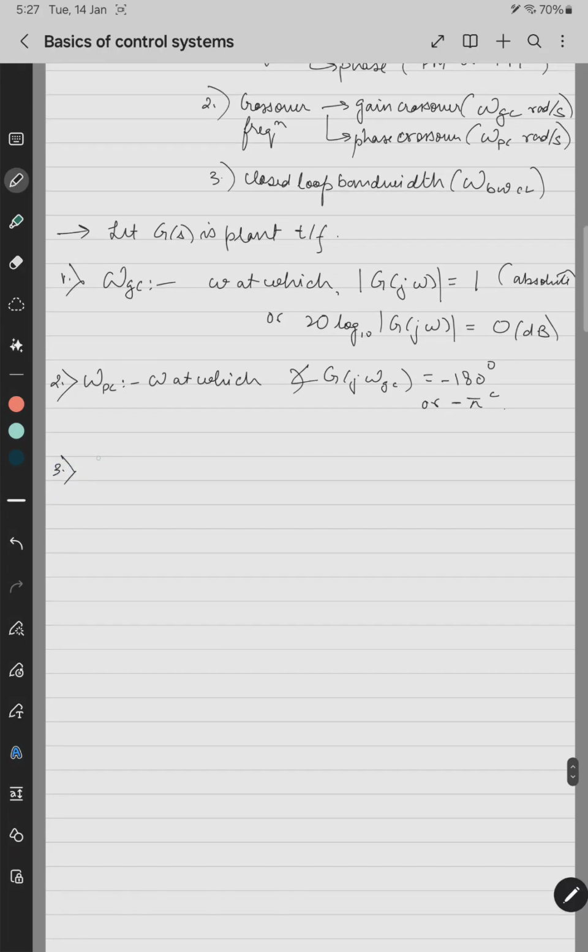Then come the margins. First I'll write the phase margin.